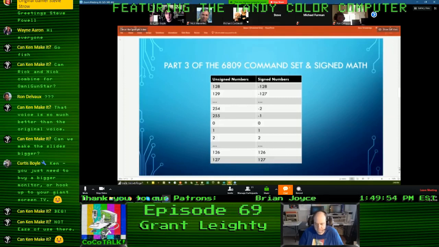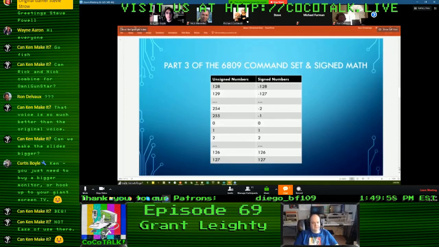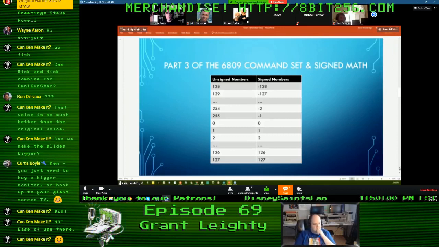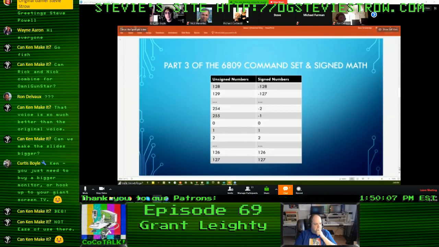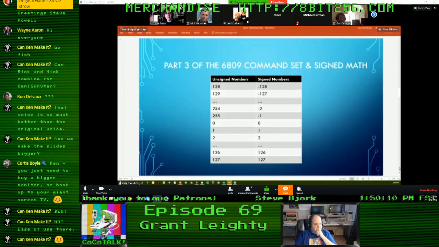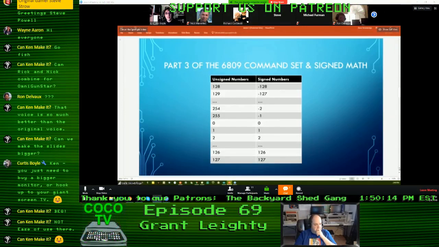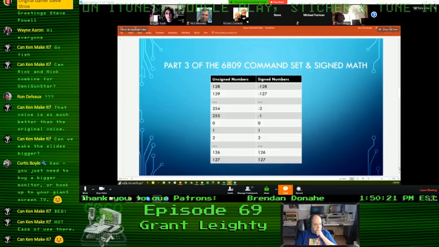But if we look at the top of the screen, 128 is actually -128. And 129 is -127. The numbers start in the signed area at the larger number and they work their way down to 0, whereas in the case of the unsigned, referencing back and forth, it's the exact opposite. Counterintuitive, but it's because we're dealing with negative numbers.